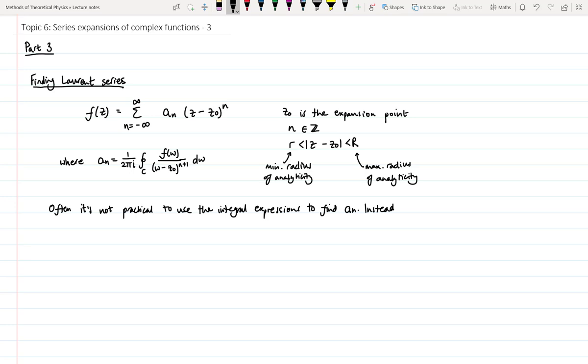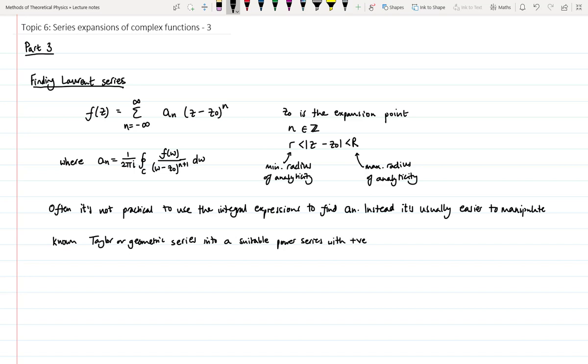The way that we're going to demonstrate in this video is instead, it's usually easier to manipulate known Taylor or geometric series into a suitable power series with positive and negative powers that converges in the desired region.